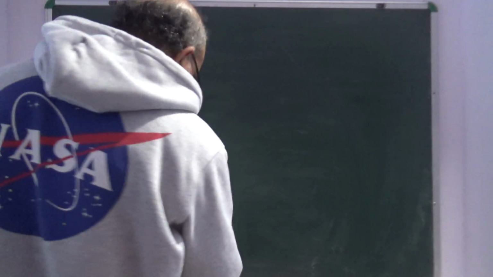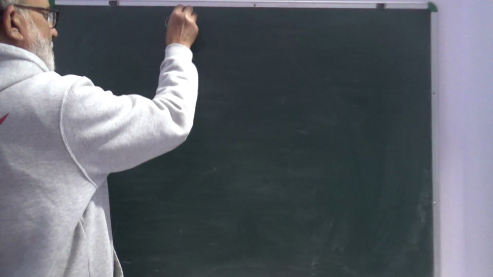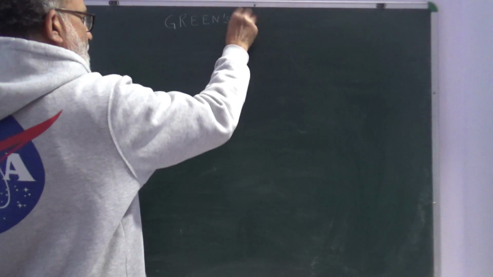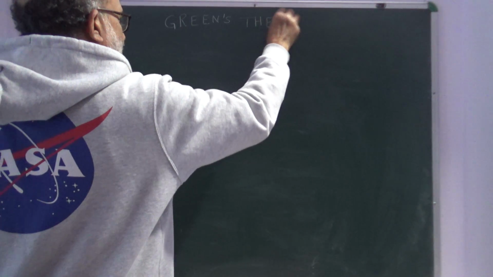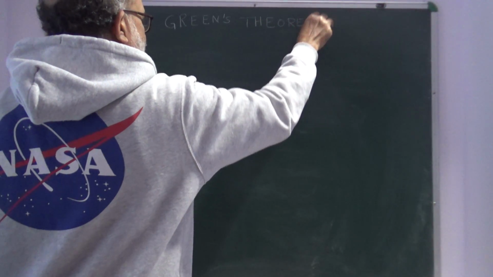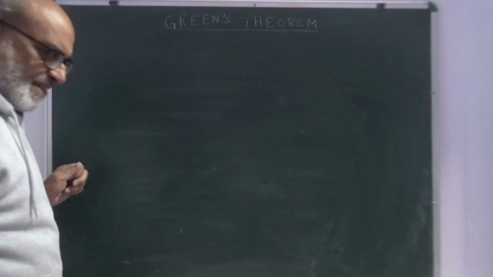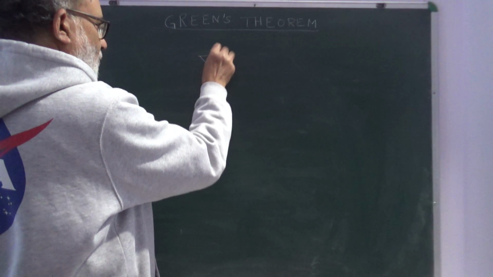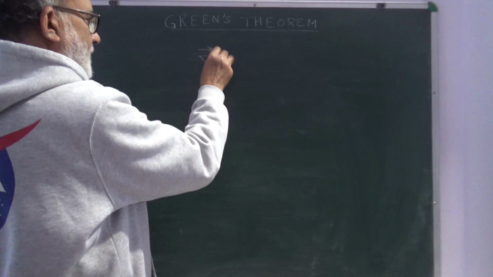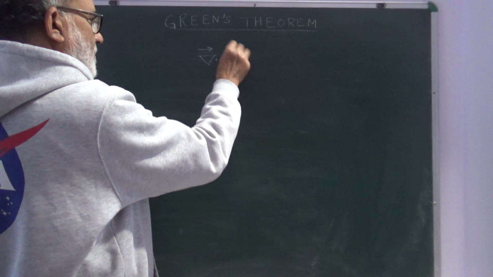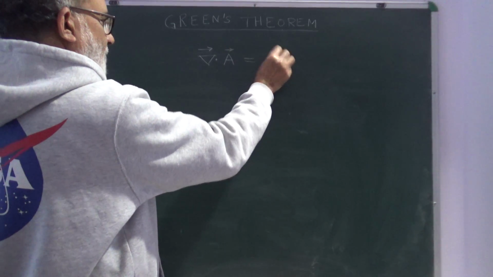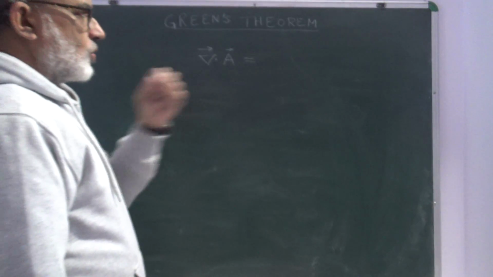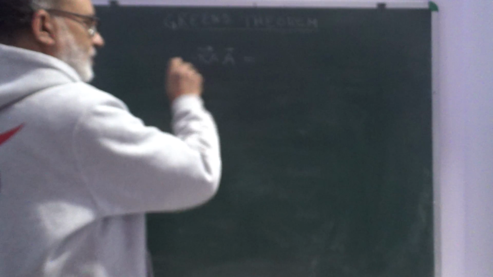So what is the Green's theorem? We will start for today is Green's theorem. We have studied that the operation of del operator on a vector field results in a scalar field which is called the flux of the field A per unit volume, and this is called a divergence.